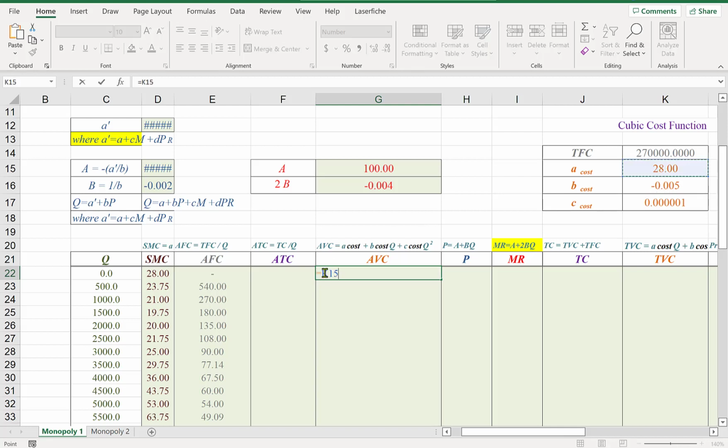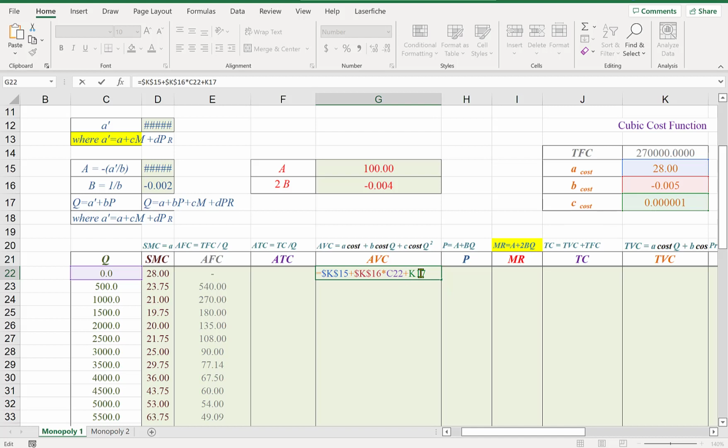Grab it, fix it, fix the value that we grab using dollar signs, plus B. We don't want these numbers to change, we only want quantity to change, times quantity, plus C cost.